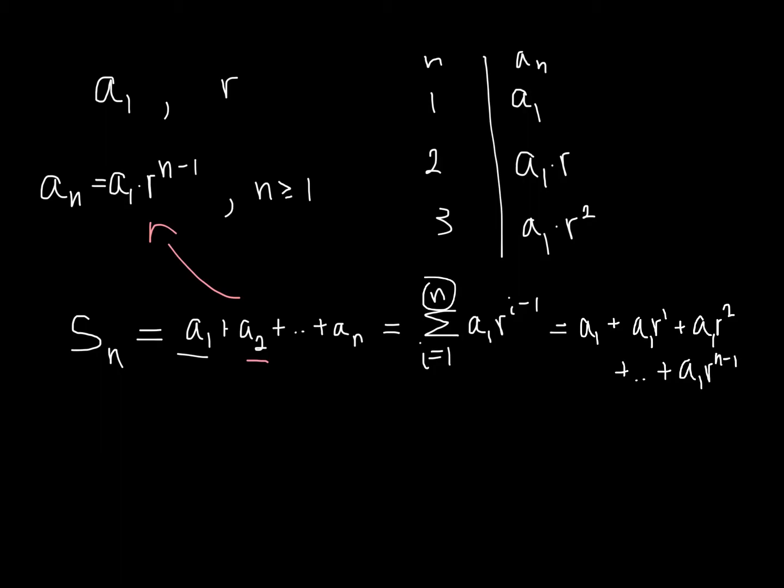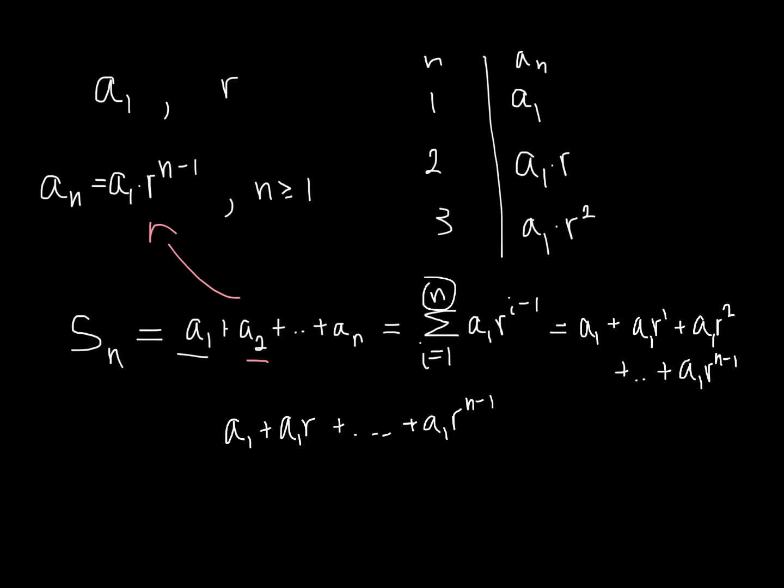So what I advise you to do now is to go back and think about how you could find the formula to compute this partial sum, a sub 1 plus a sub 1 times r plus all the way up to a sub 1 times r to the n minus 1.